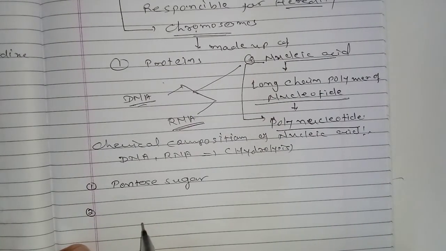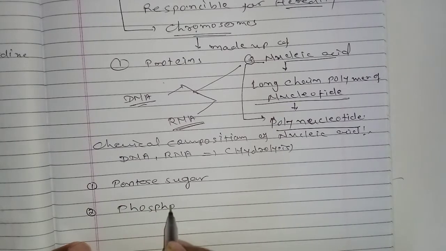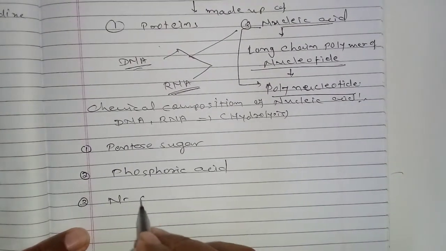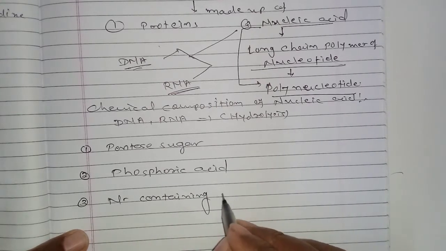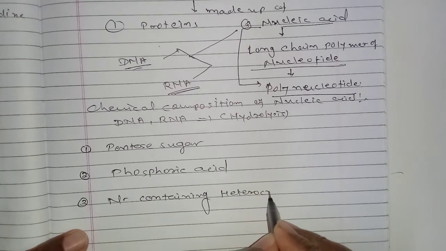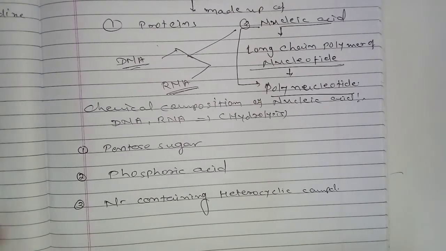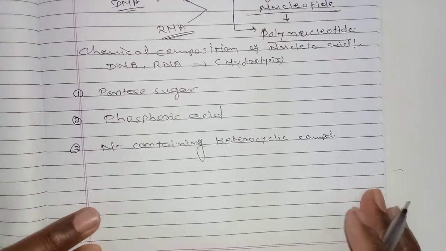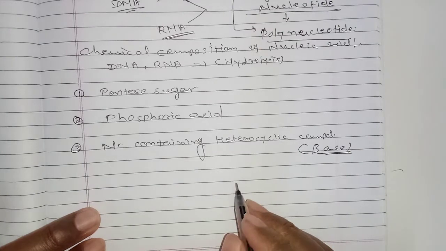Number 2 is phosphoric acid, and number 3 is nitrogen containing heterocyclic compound. Nitrogen containing heterocyclic compounds are called bases.